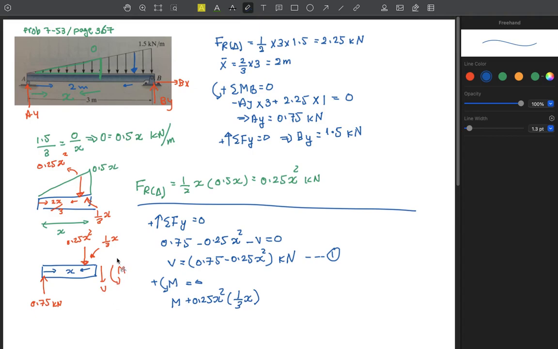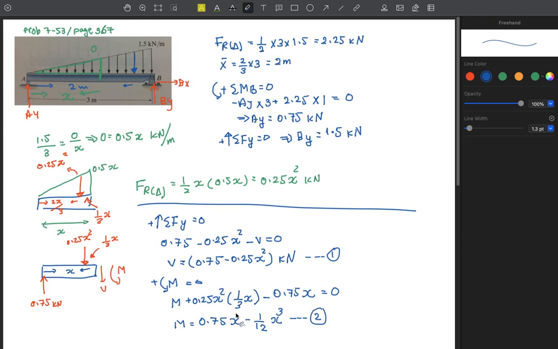So this is going counterclockwise, so it's positive. The value of the load, 0.25 x squared multiplied by 1/3. Now minus the third one, minus 0.75 multiplied by the distance, the whole distance x. It's going clockwise, so it's negative. This is 0. This should give us our second equation, which is moment equation is function of x as the following: 0.75x minus 1/12 x cubed. This is 2.